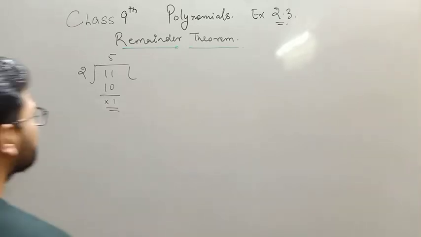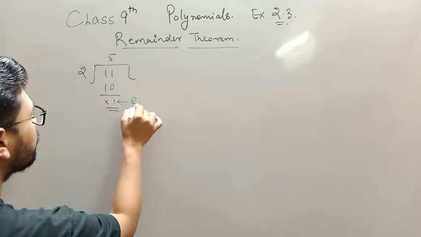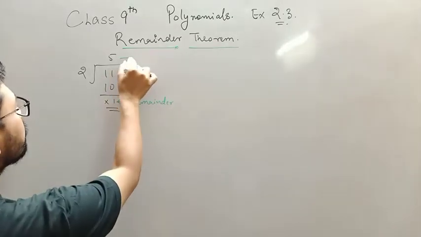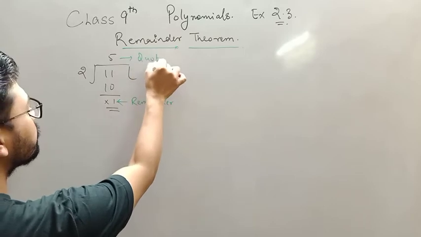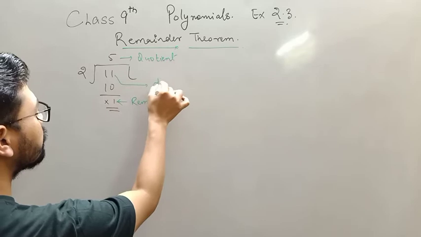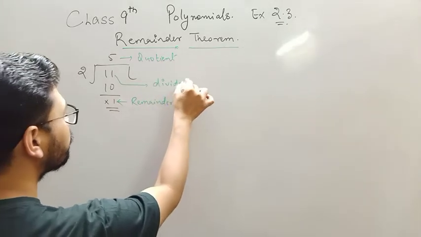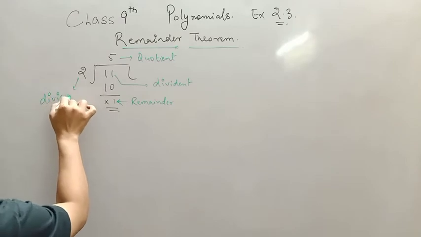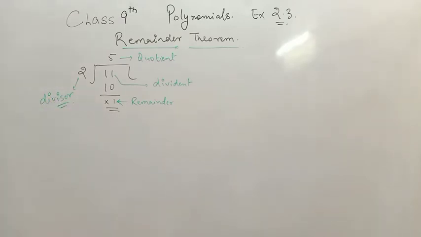What I can write here is this is remainder, this is quotient, this is dividend, this is divisor. Any doubt?